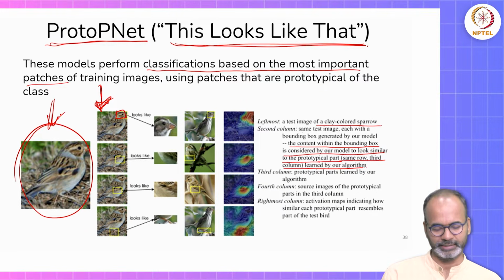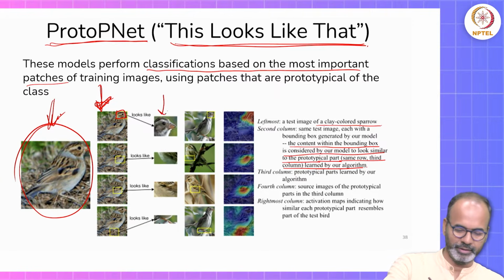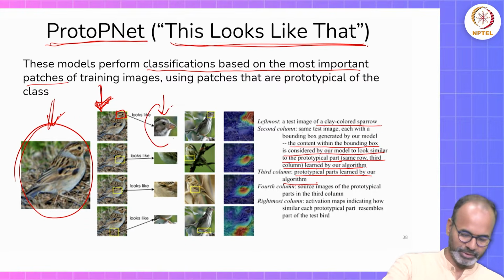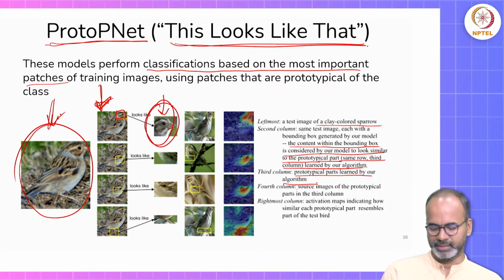So the idea is, can you find an image in the data set that you may have that has very similar features, which is what the next column is: prototypical parts learned by our algorithm, which is what this is.